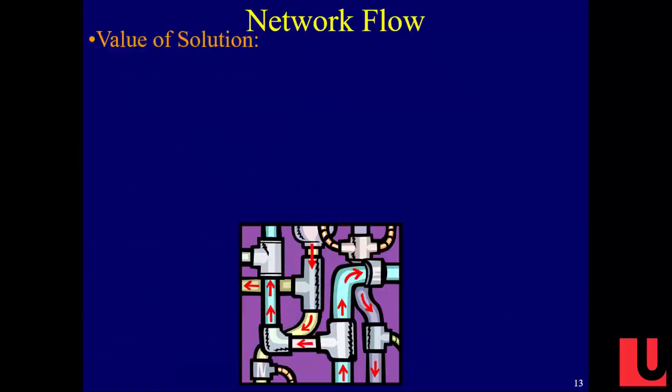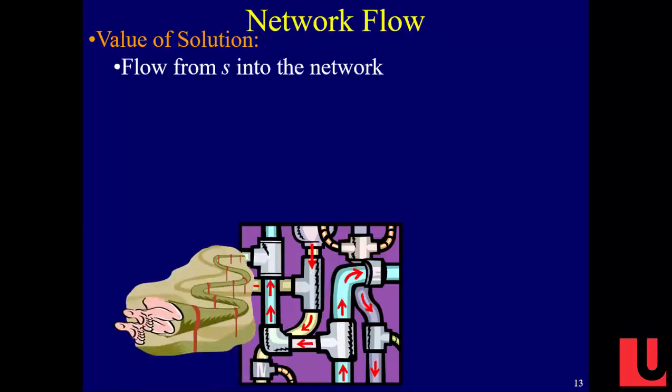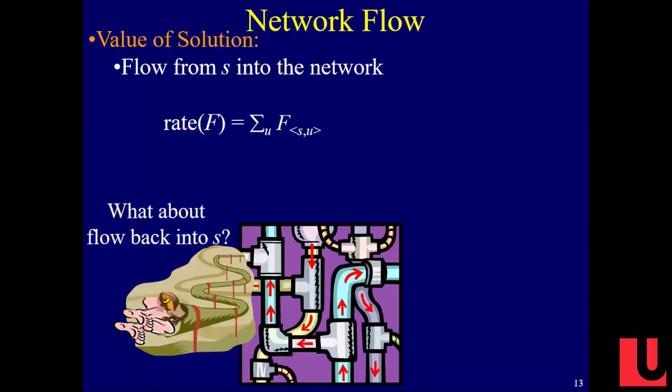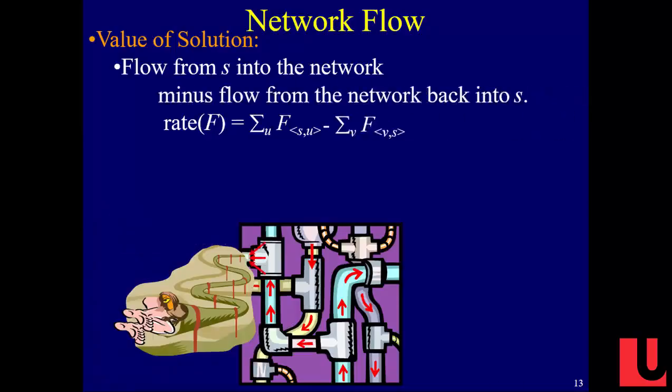Now, if we have a valid solution, we have to measure how good a solution it is, and that is how much is flowing from S. So you might say it's the sum over all U of what's flowing out of S. But that's not completely good enough, because if anything flows back in, that's not doing us any good; that's just going in a circle.